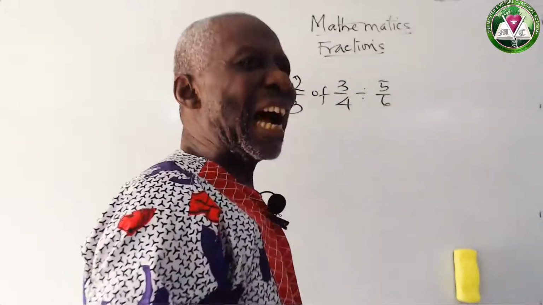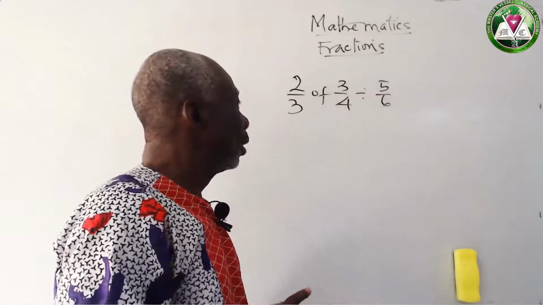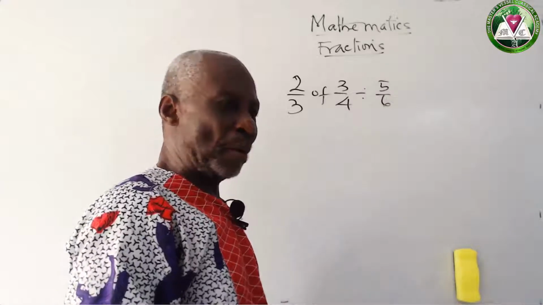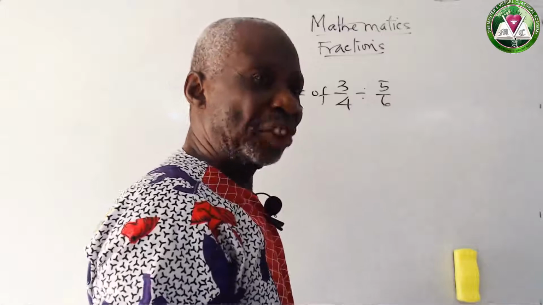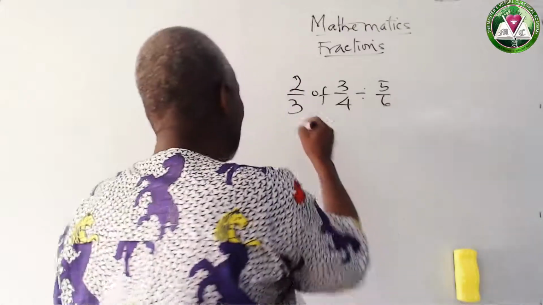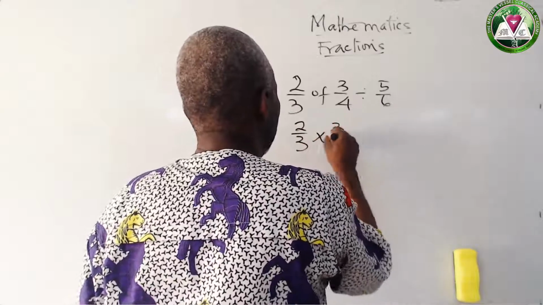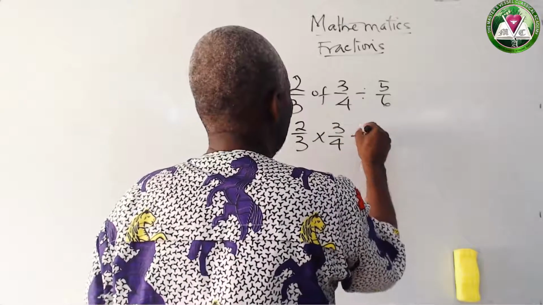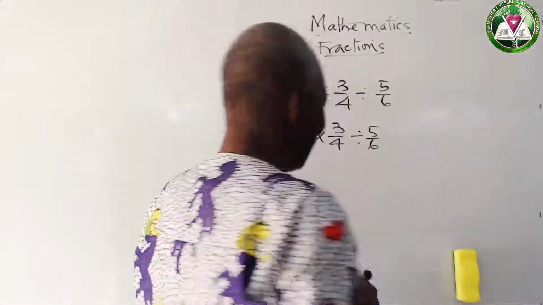All these three are fractions, and we are going to work them out now. Wherever we see "of", we change it to multiplication. I have 2/3 times 3/4 divided by 5/6. Good.